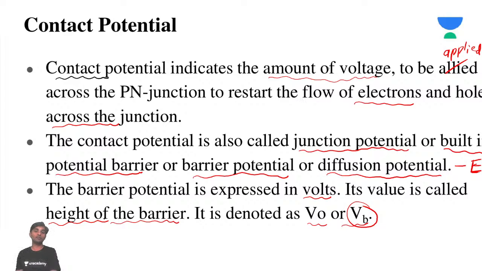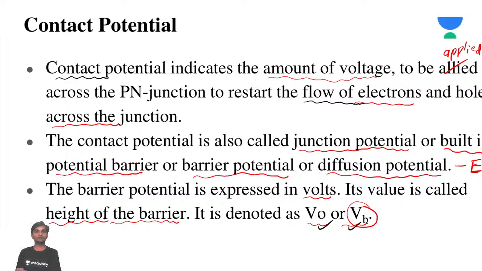The minimum amount of voltage required to start the flow of electrons and holes across the junction is called contact potential. It is represented with V naught or VB. For my convenience, I have taken VB.